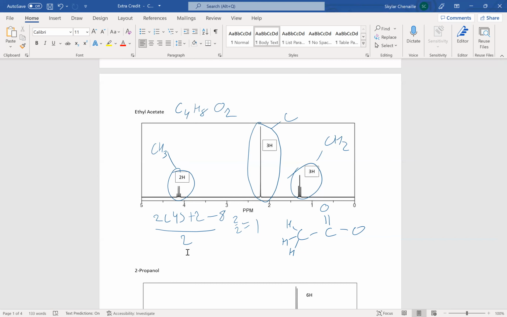We need another CH2 and 1 more CH3, which I think if we do this right, that could work out perfect, right? So we put our hydrogens here, and let's try putting that group over here. So it's going to be a carbon, hydrogen, hydrogen to a hydrogen. Okay, so now we brainstormed a structure.